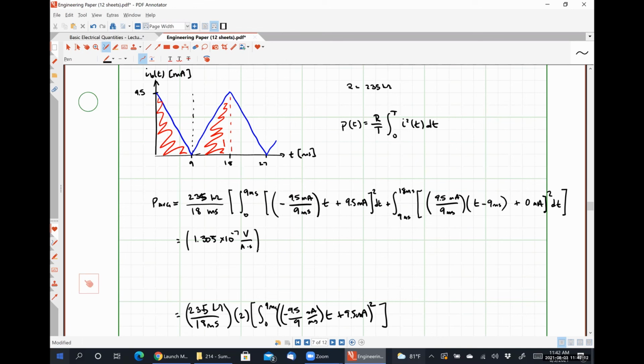Then I'm going to integrate from 0 to 0.009 of negative 9.5 times 10 to the -3 over 9 times 10 to the -3, x plus 9.5 times 10 to the -3.